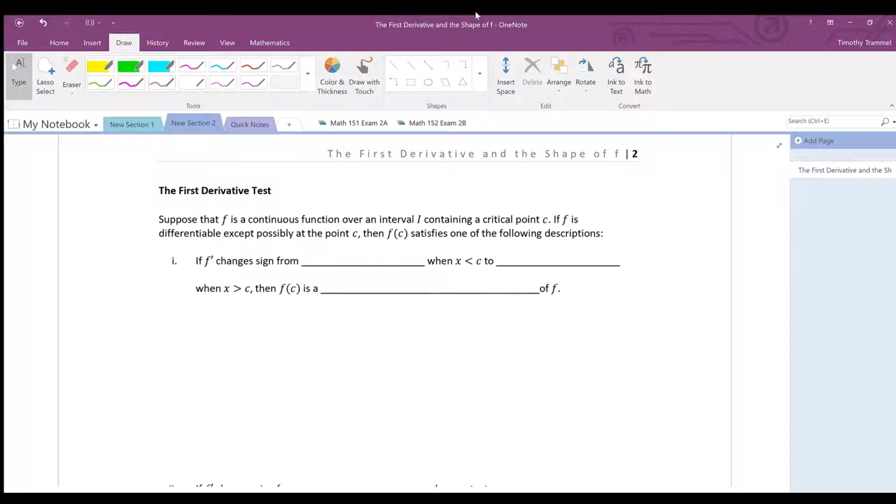And so the first description here is if f prime changes sign from positive when x is less than C to negative when x is greater than C, then f of C is a blank of f.